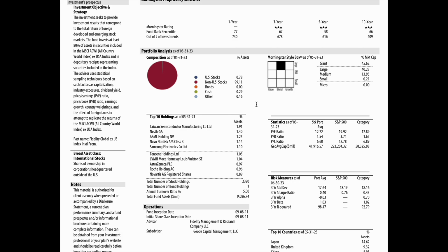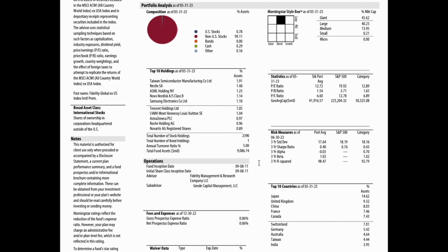So I limit my exposure anywhere from 5 to 10% for international stocks because I feel more comfortable investing in the United States, but it's good to have a broader diversification and invest in something outside of the United States.